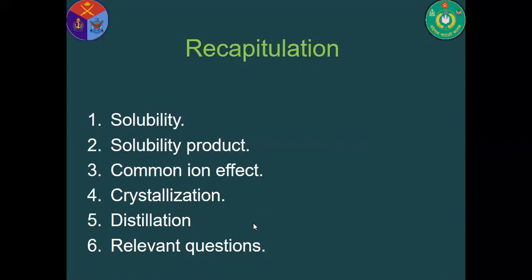We also discussed the differences between solubility and solubility product. By using this, we can solve mathematical problems. Finally, we discussed relevant questions which may be set from our discussion today.